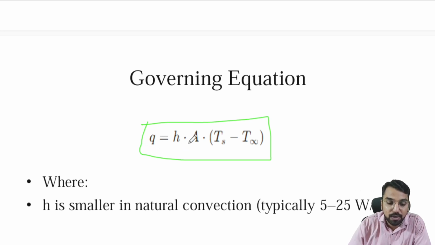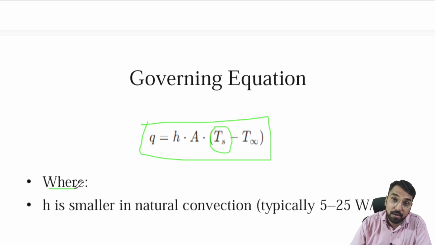So Q is equal to h A_s into (T_s minus T infinity), where Q is the heat transfer rate, h is the convective heat transfer coefficient, A_s is the surface area, T_s is the surface temperature of that object, and T infinity is the ambient or surrounding atmospheric temperature.